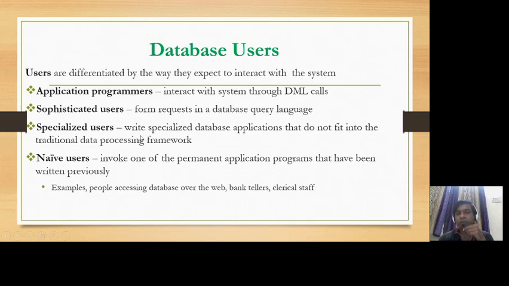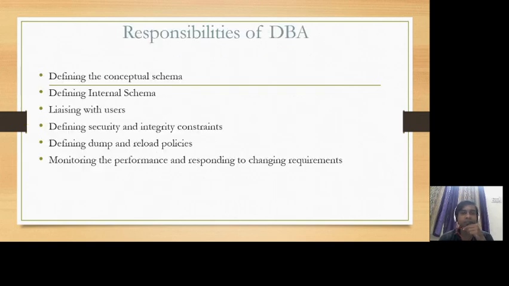Specialized users write specialized database applications that do not fit into the traditional data processing framework. And naive users invoke one of the permanent application programs that have been written previously. Naive users are those who access our database without much knowledge of the database system, like the ATM user.